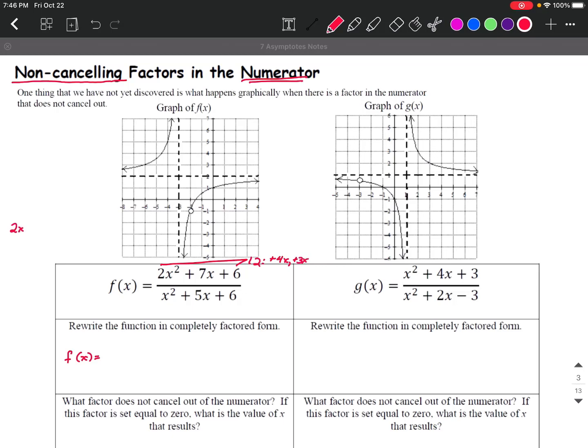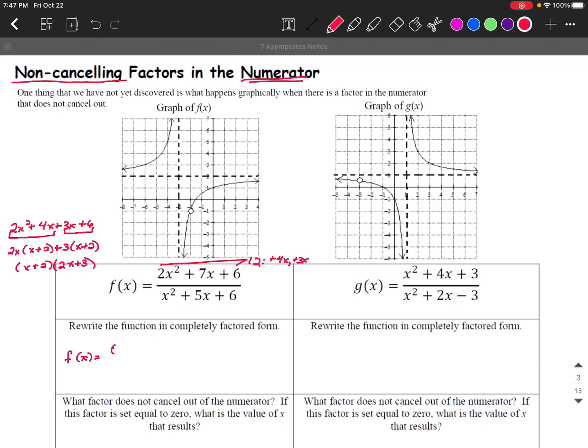So we'd have 2x squared plus 4x plus 3x plus 6. If we group that, we have a common 2x, which leaves us with x plus 2. Over here, we have a common 3, which leaves us with x plus 2. Now we have that common x plus 2, and when we factor that out, we're left with 2x plus 3.